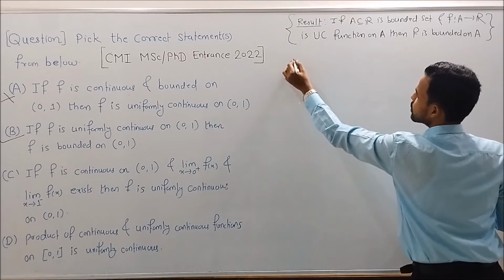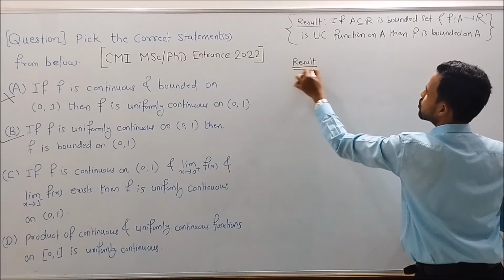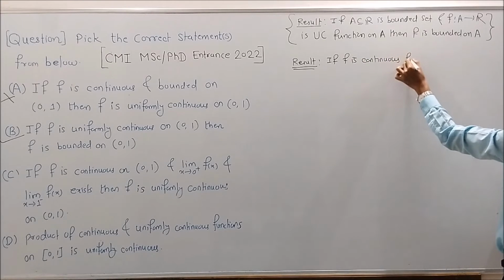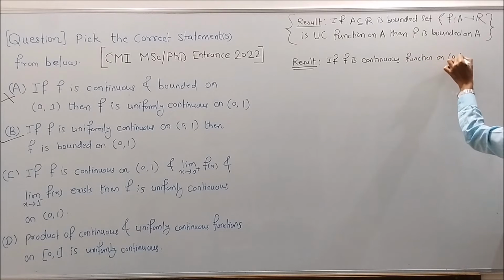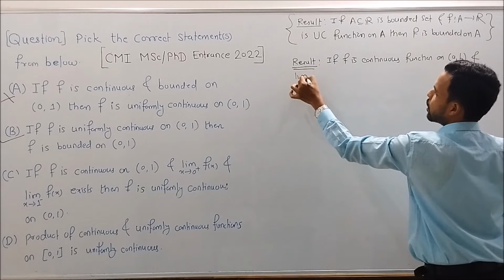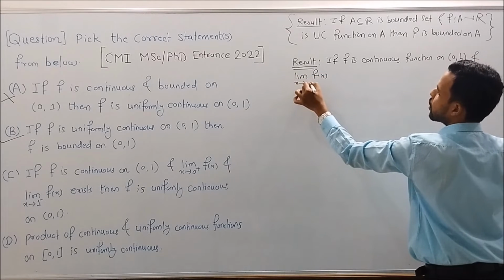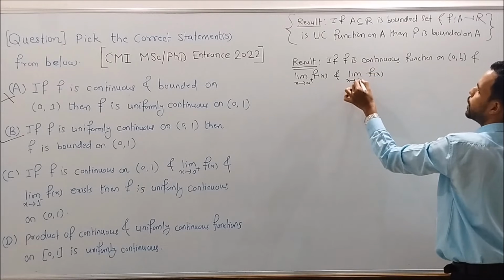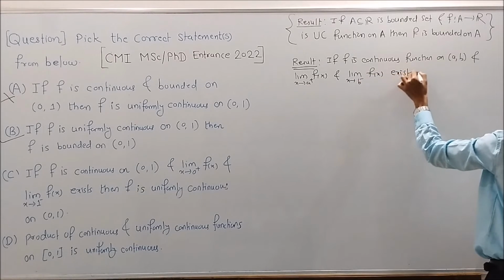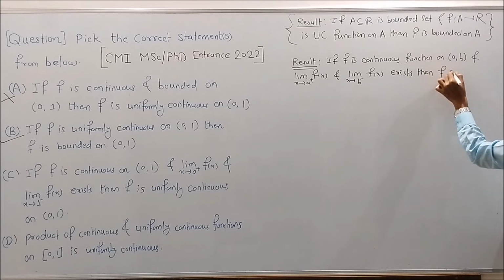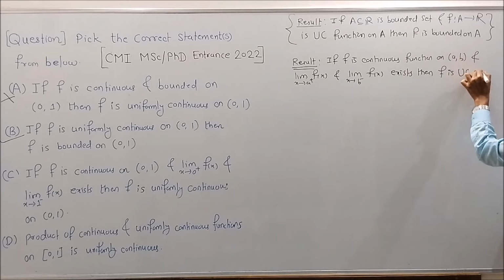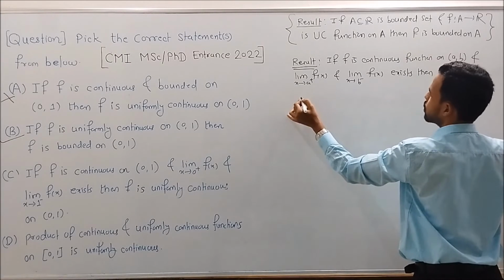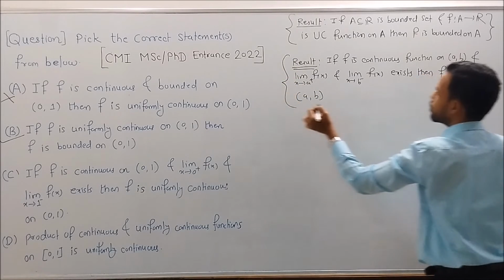This follows from the result: if f is a continuous function on the open interval (a,b) and the right hand limit of f(x) at a and the left hand limit of f(x) at b exist, then f is uniformly continuous on the open interval (a,b).